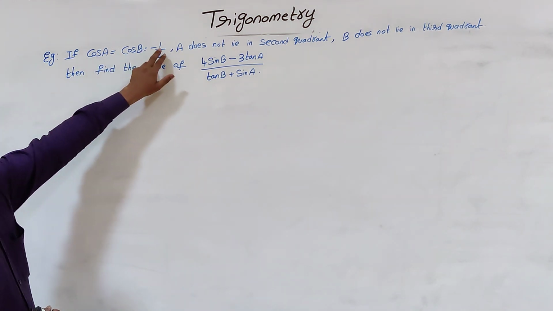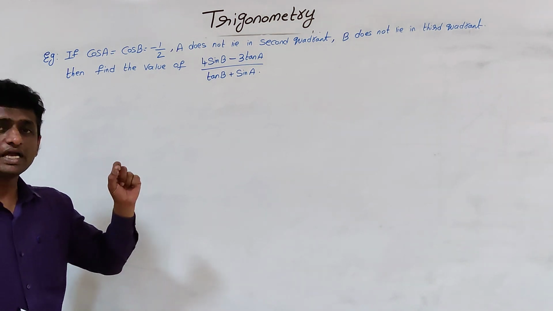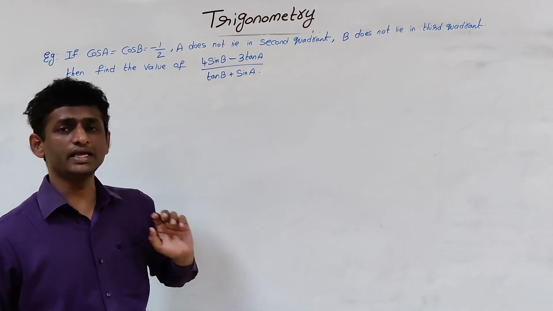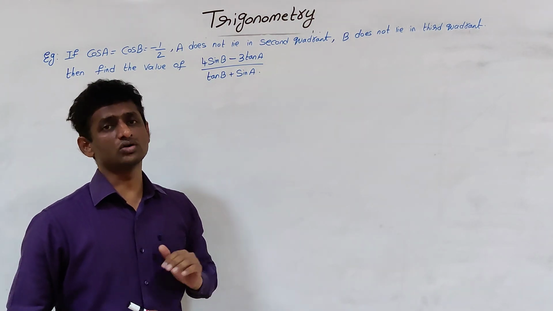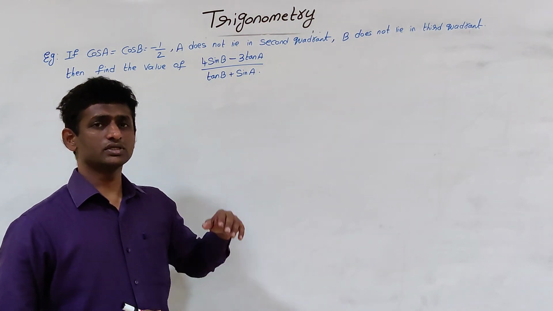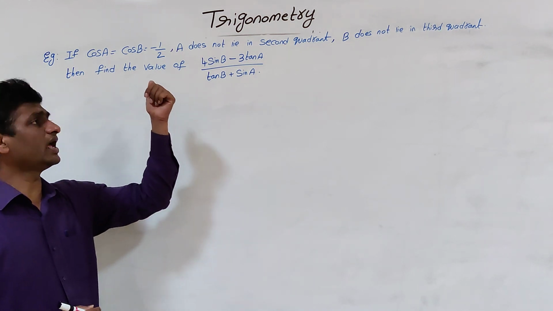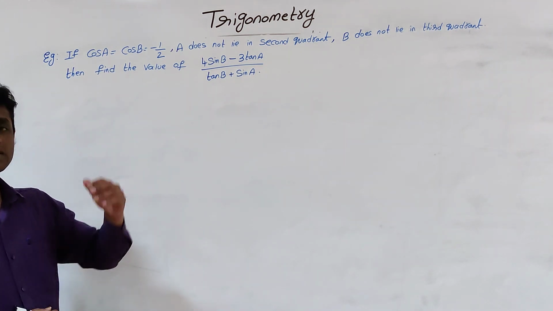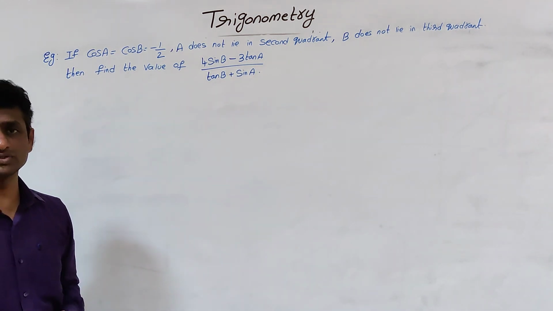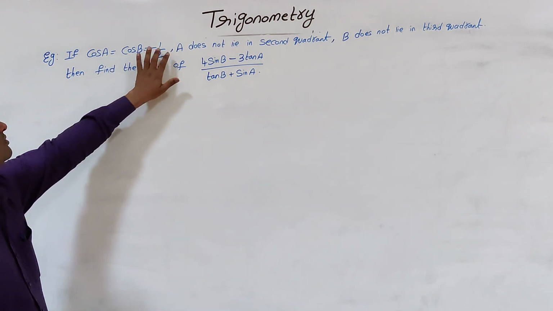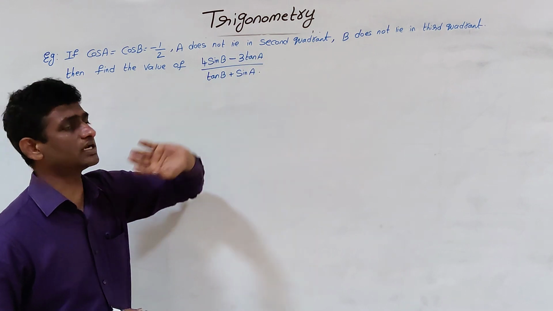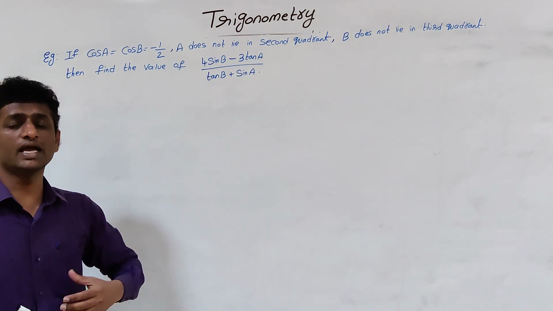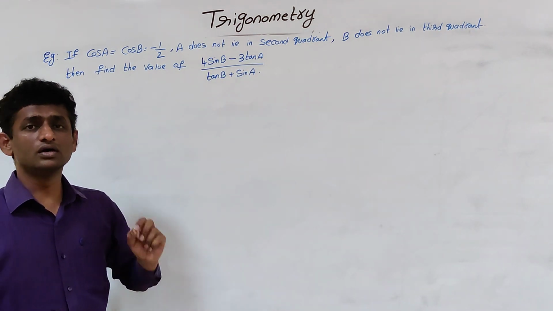Now cos A is minus 1 by 2 means the angle A should lie either in the second quadrant or third quadrant, because in the second and third, cos will have a negative sign, whereas in the first and fourth it will have a positive sign. So cos A is minus 1 by 2, but he has mentioned that A does not lie in the second quadrant, which means A should lie in the third quadrant.